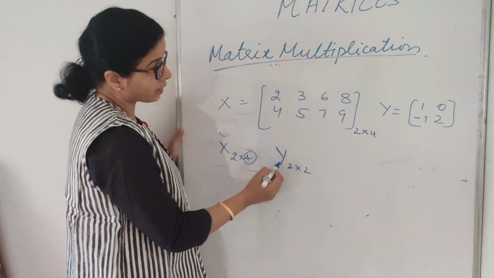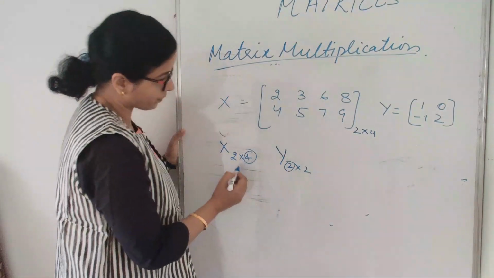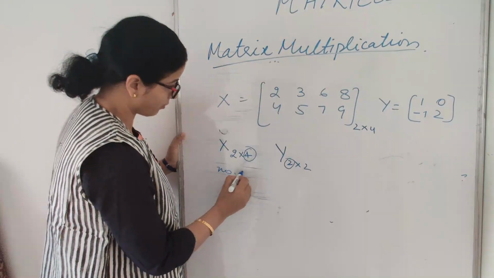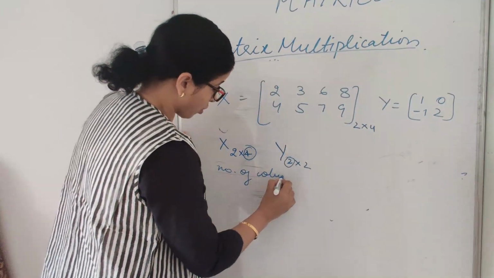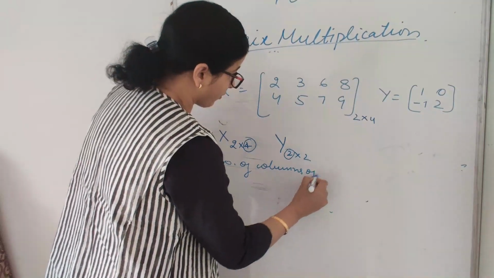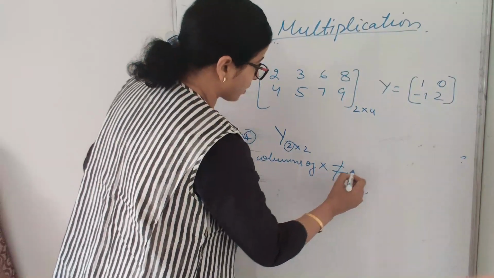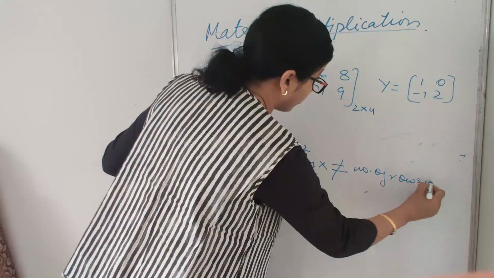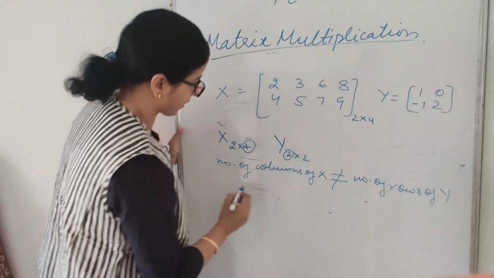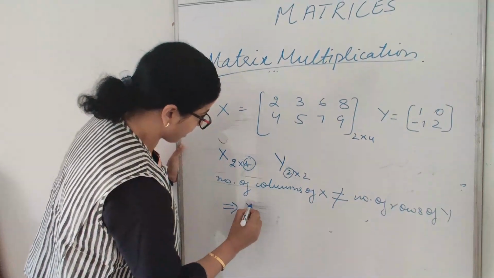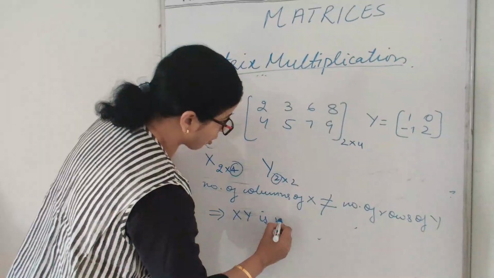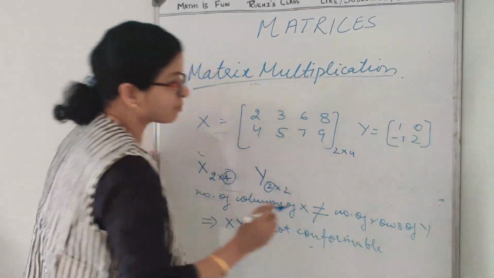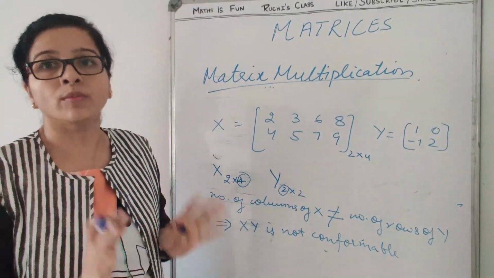How many rows are there in y? 2. So the number of columns of x is not equal to the number of rows of y. This implies xy is not conformable, meaning multiplication of x and y is not possible.